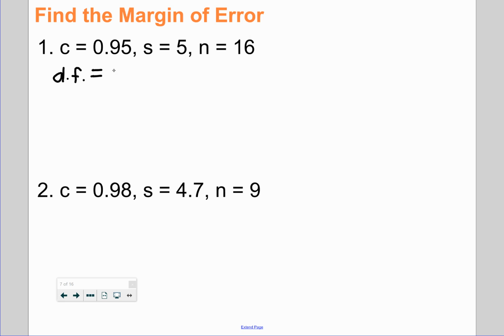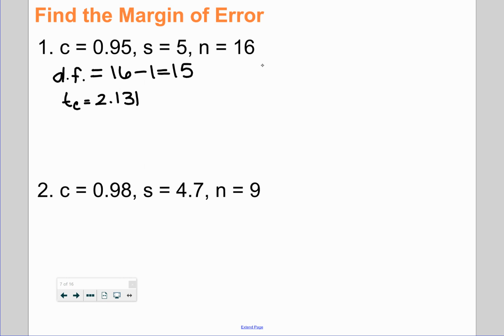In this case, our n is 16. 16 minus 1 gives me 15. So now you look on your t distribution for degrees of freedom 15, so row 15, and you're looking for a confidence level of 95%, 0.95. And you should see 2.131. Look good?